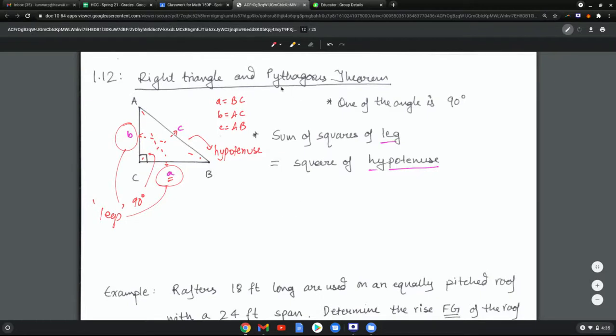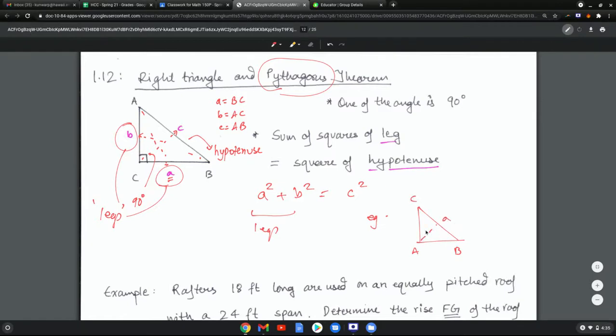There is a result called the Pythagoras Theorem, which says the sum of squares of the legs equals the square of the hypotenuse. The sum of squares of the legs, that's a squared plus b squared, these are the legs, equals the length of the hypotenuse, which is c squared. Now again, be aware that I could change the labeling of this triangle, right?